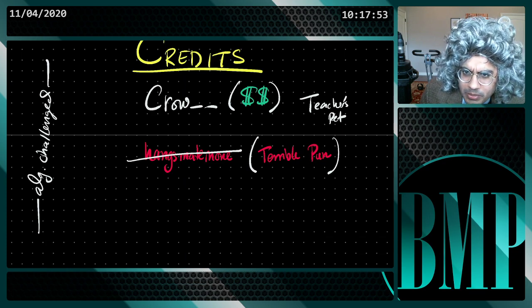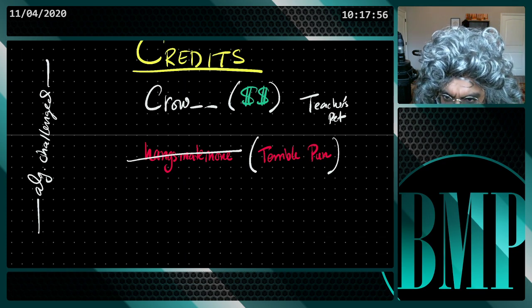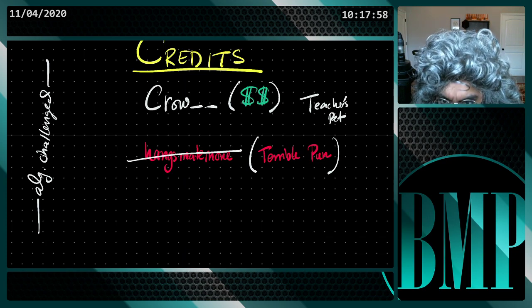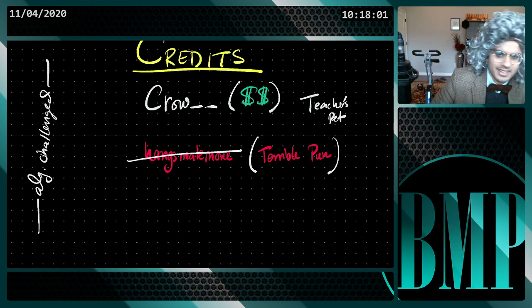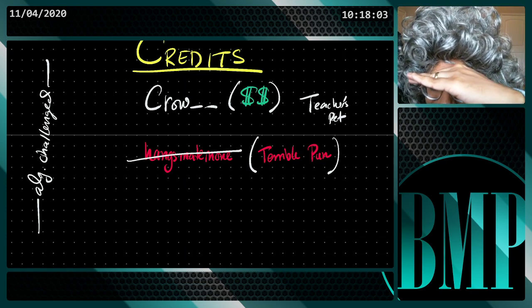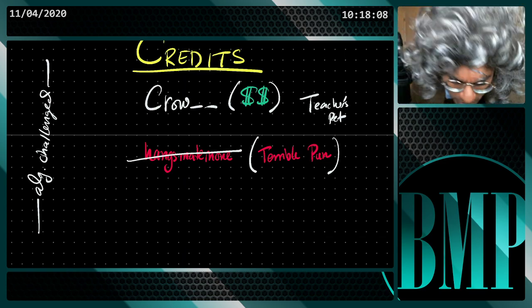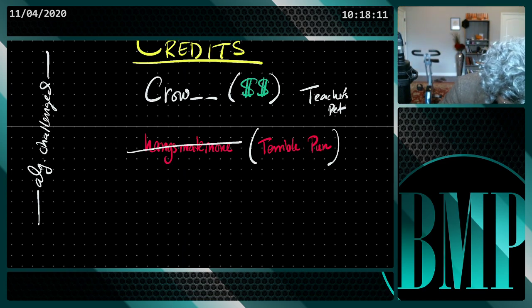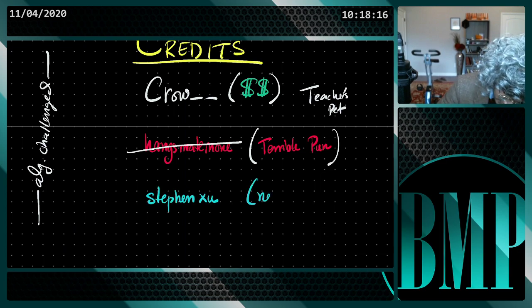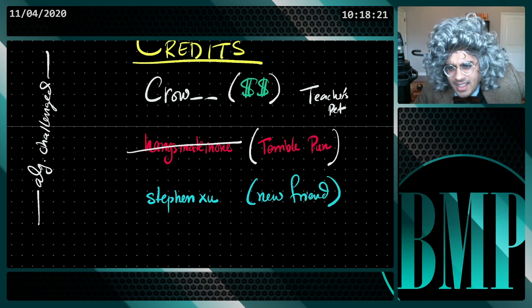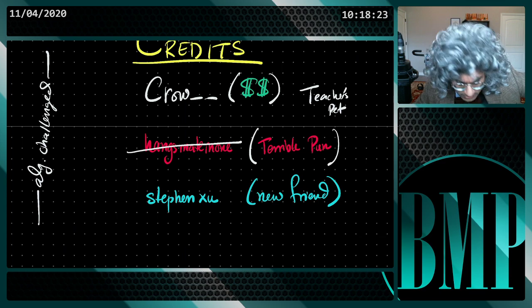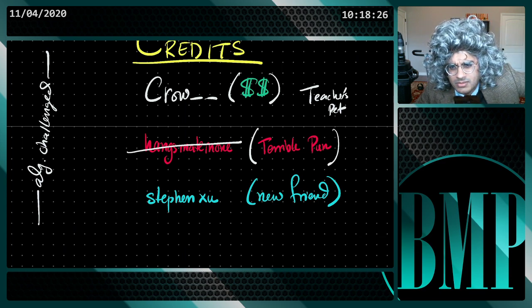And oh, there are some new people. There's a new person here. Steven. Ooh. Can't read that. Ew. Okay. Cross that name off.